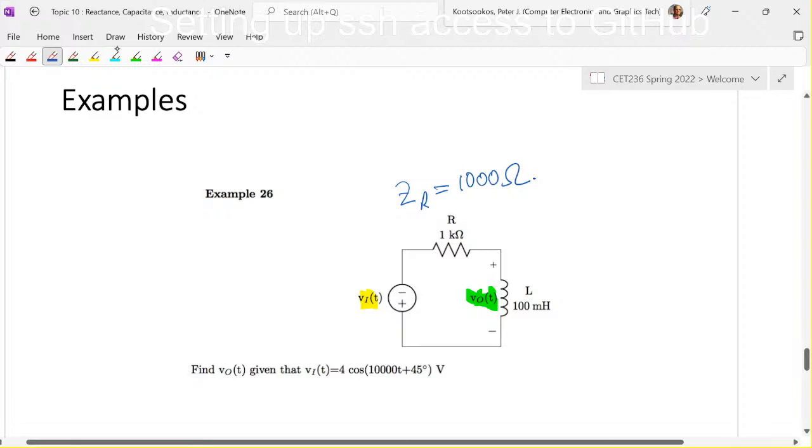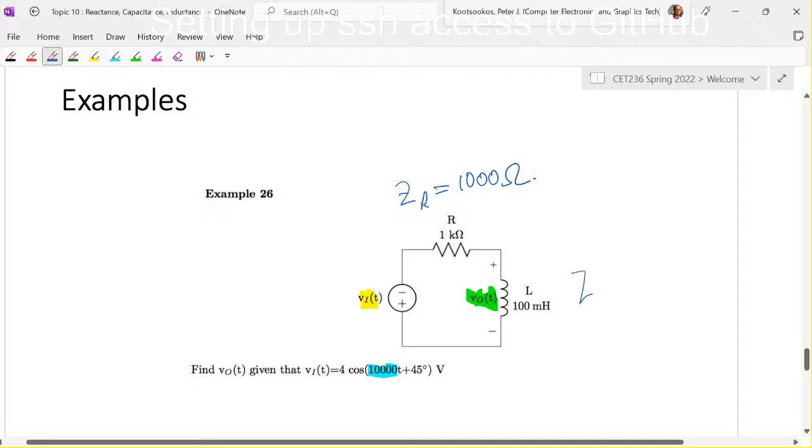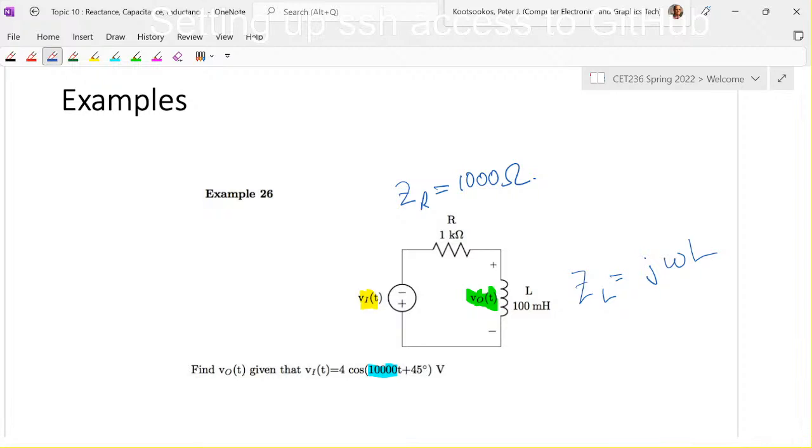Now the trick is making use of the frequency, the omega we're given, in order to find ZL. So ZL equals j omega L. We know L is 100 millihenries, so 100 times 10 to the minus 3, or 0.1 henries.